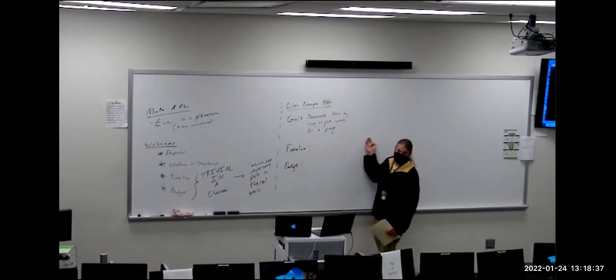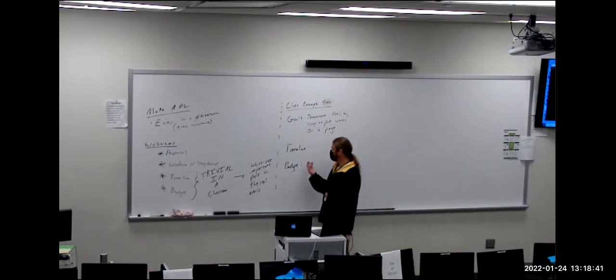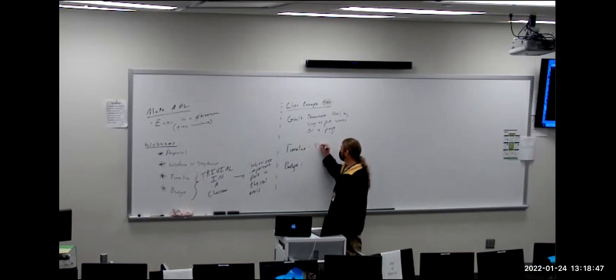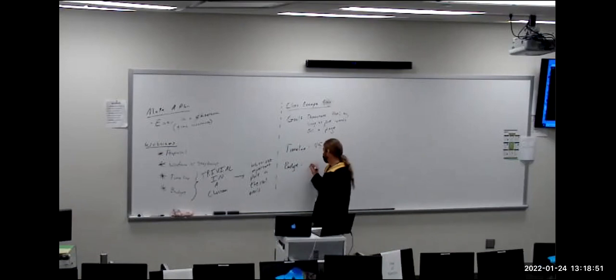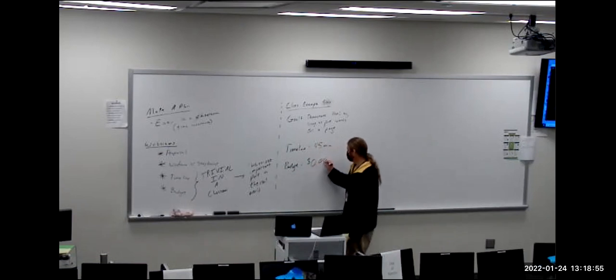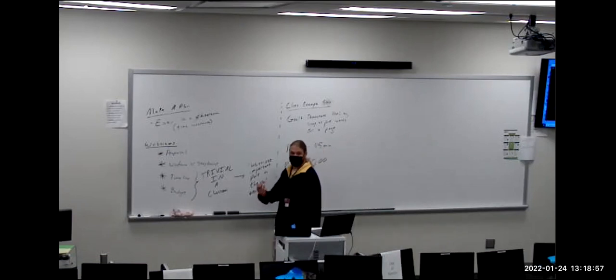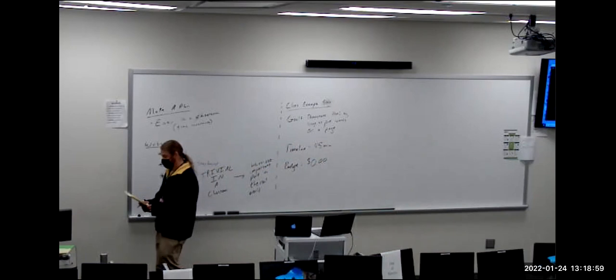And with each subsequent thing you do, try to improve those numbers so you get really good at guessing. Our timeline here is, let's say, 45 minutes. I tend to ramble a little. And our budget, I'm just going to write down the classroom win of 0. But make up a number that you would charge a client for what you're about to do.